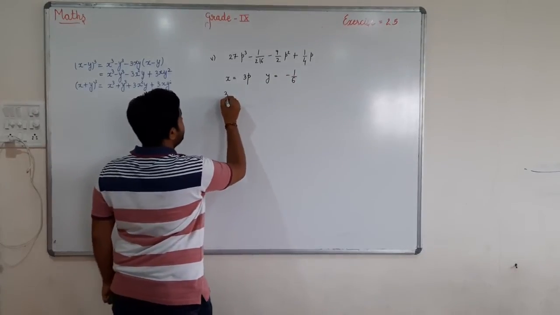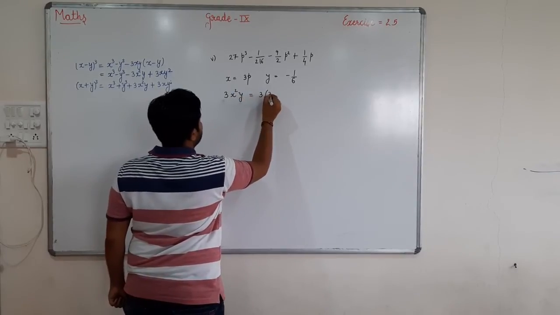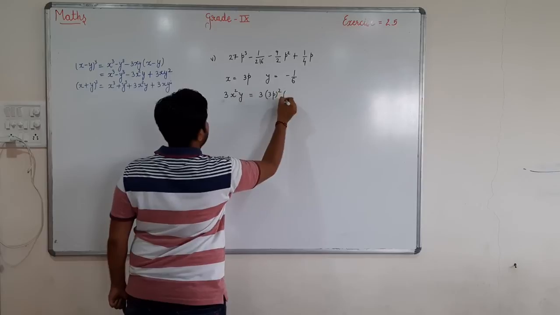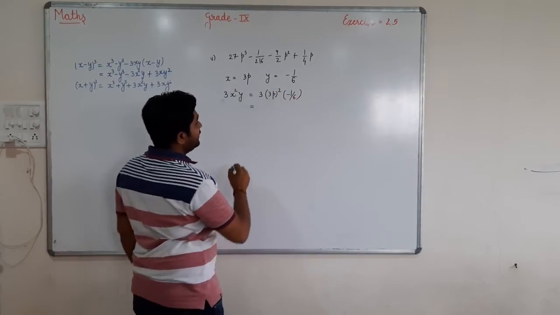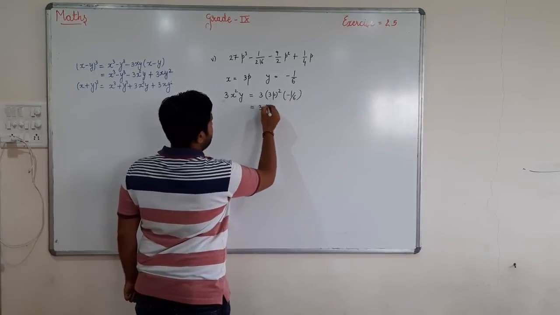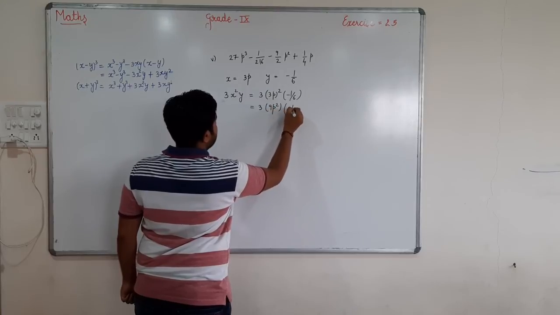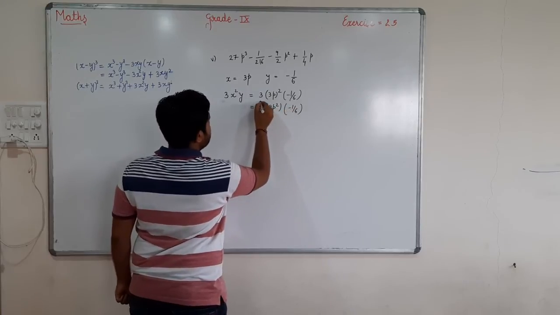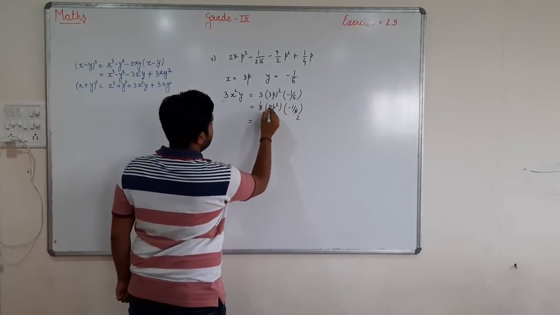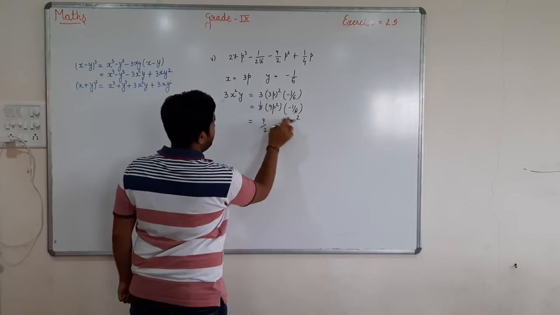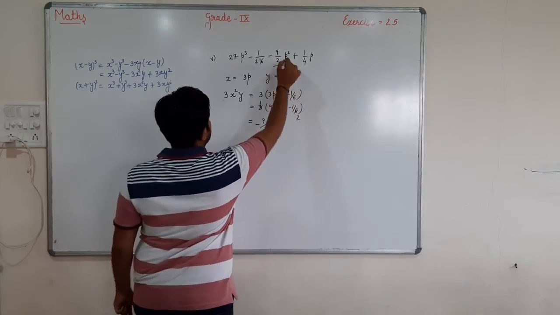Now let me find 3x square y is equal to 3, x square means 3p square, y is minus 1 by 6. Now we can cut because they are all in multiplication. 3p square, so 3 3s are 9p square, minus 1 by 6. 3 1s are 3, 3 2s are 6. We can write down like this. Now here 9 upon 2 p square, minus sign is there, so minus 9 by 2 p square. We got it.